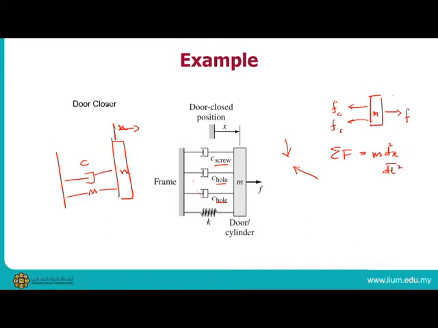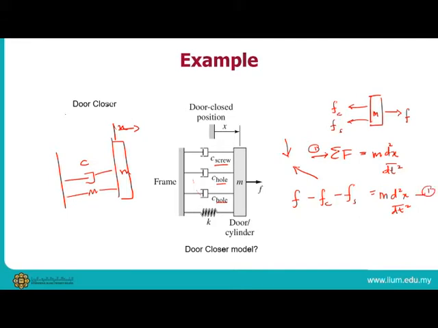If you indicate that toward the right is positive, the summation of force is f minus fc minus fs equals m d squared x over dt squared. So this is your equation 1.